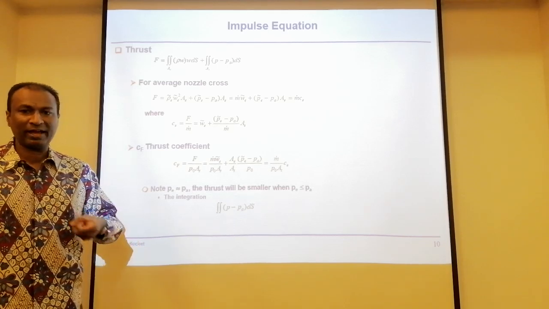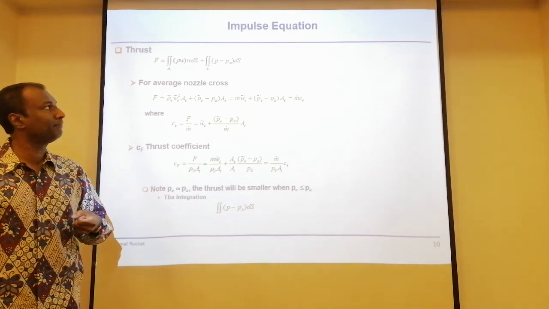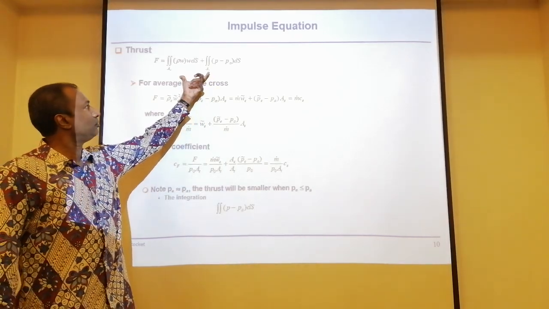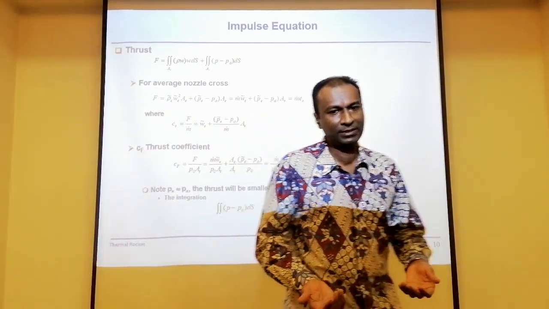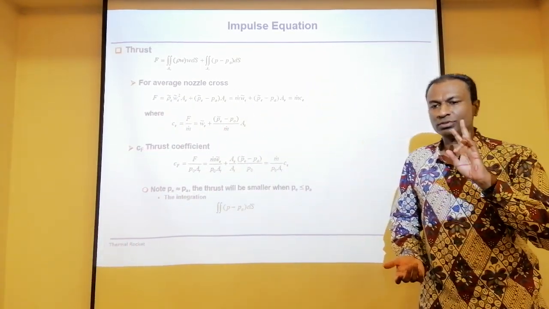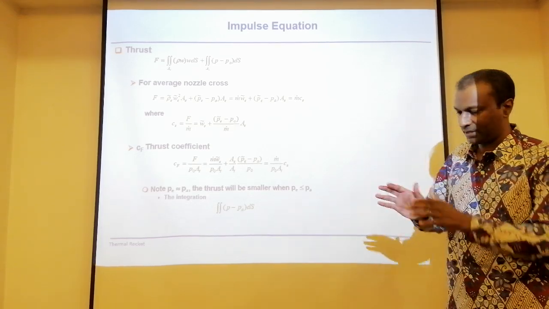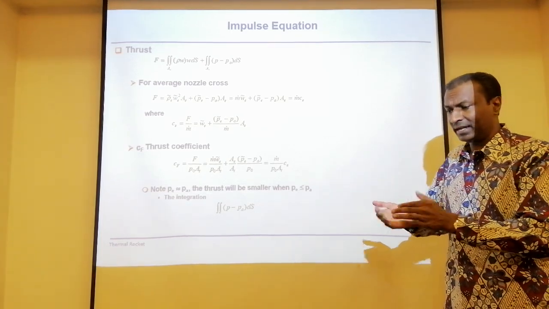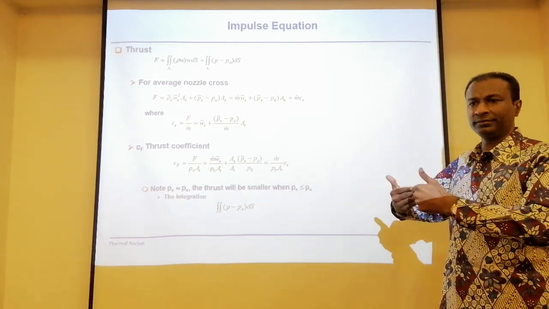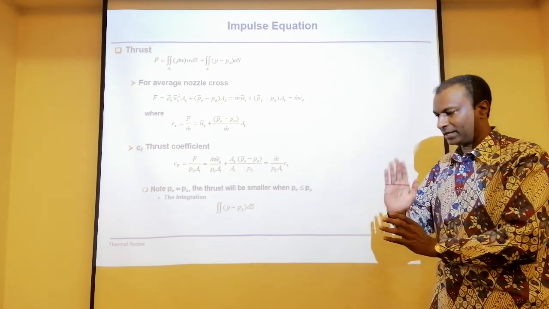The more pressure you have, the better the exit velocity. Note why we are doing the double integration: there are two surface areas that are important here. One is the surface inside the nozzle, and the other is the cross section itself. So the skin surface and the cross section.